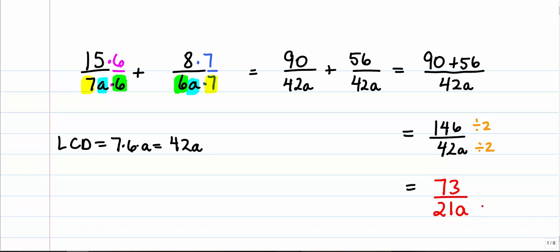All right, there's another option that you can do. This option does not work very well for most problems, especially if you have adding and subtracting in your denominator.